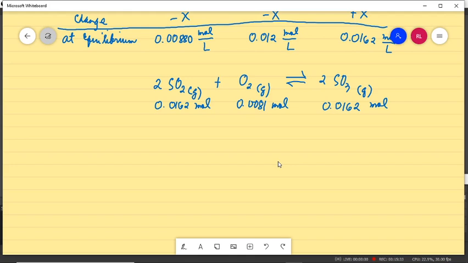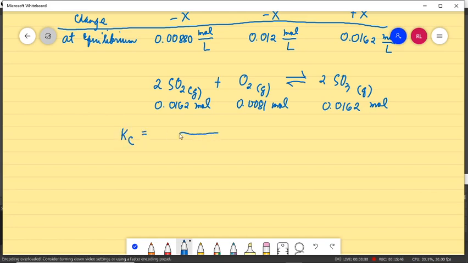So we have now the concentrations at equilibrium. To solve for the equilibrium constant, all you have to do is substitute in the equilibrium expression. Our equilibrium expression is K sub C is equal to concentration of sulfur trioxide raised to the power of 2, divided by concentration of sulfur dioxide raised to the power of 2 times the concentration of oxygen gas.